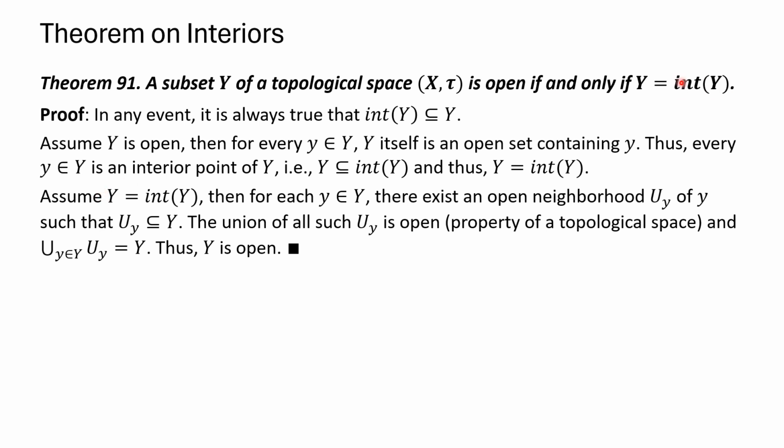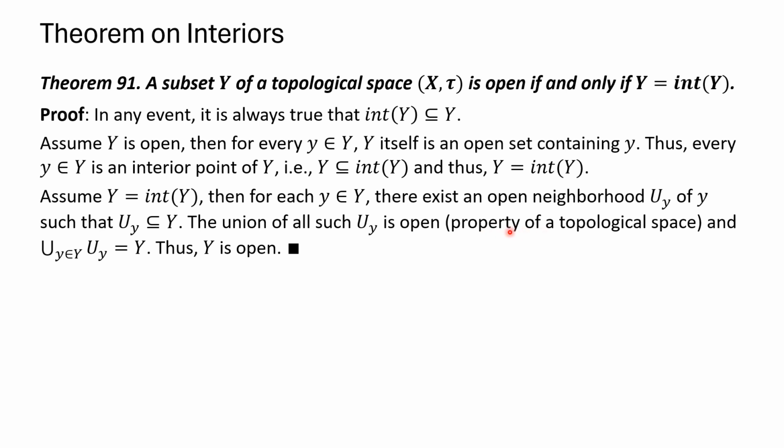Going in the other direction, assume that Y equals its interior. Then for each small y, an element of Y, there exists an open neighborhood U sub y, this is by definition of y being an interior point of Y, such that U sub y is a subset of Y. The union of all U sub y's is open.